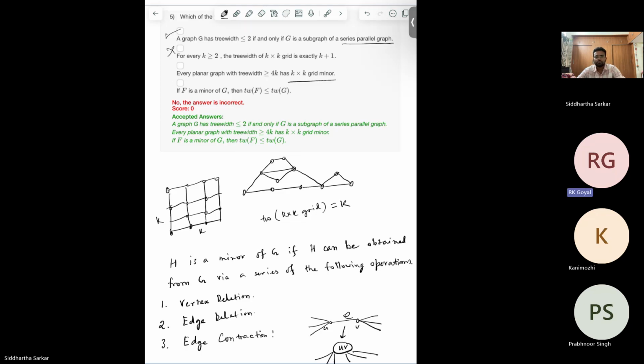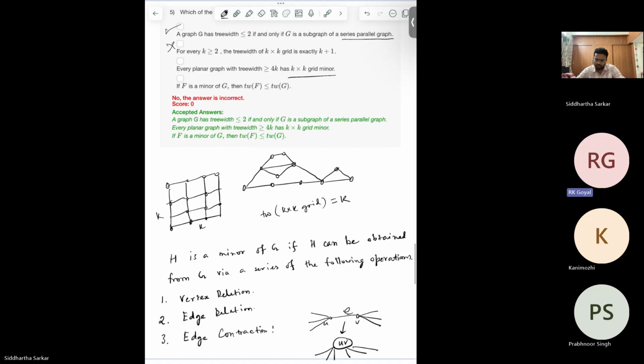Can you repeat this? There was an issue in the connectivity, so I could not hear you properly. So I'm describing this operation of edge contraction.